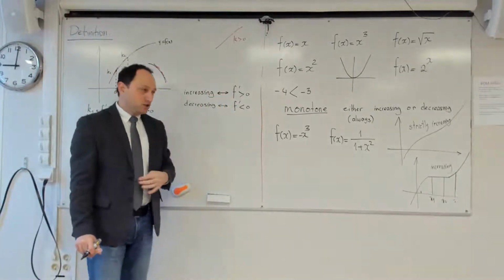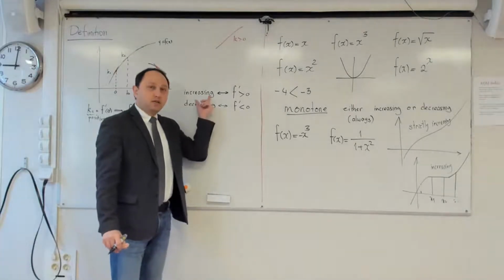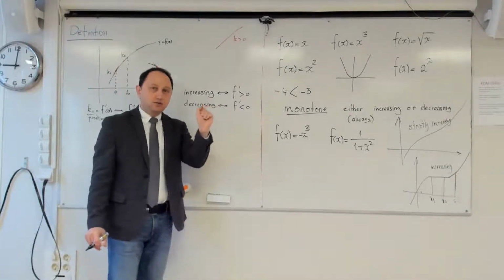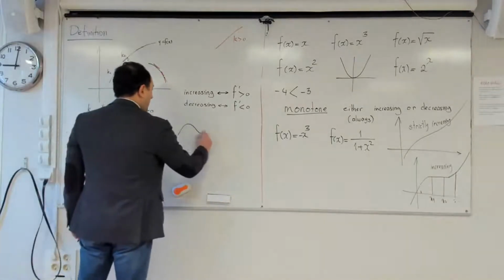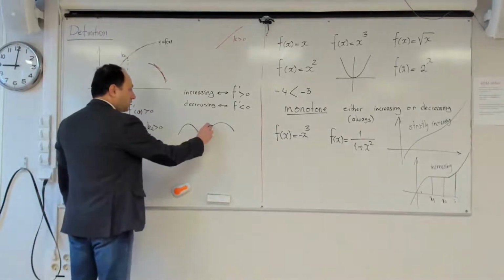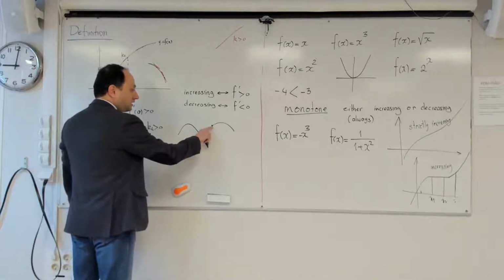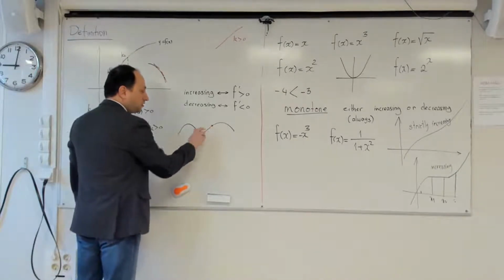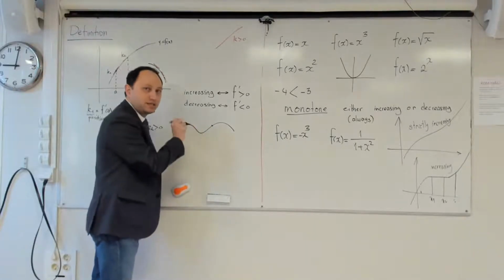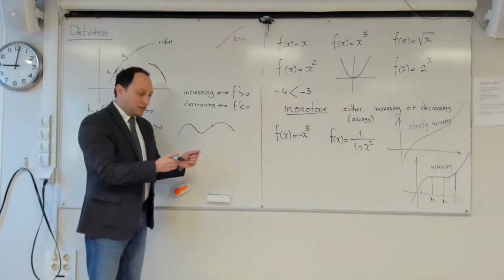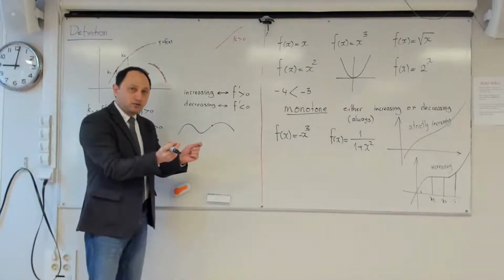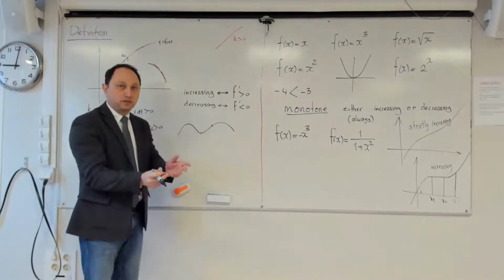And then let me make sure this property of increasing and decreasing is not related to one single point. If I give you a graph, I cannot ask you whether the function is increasing or decreasing at this one single point. This is meaningless, because increasing and decreasing means that I need to have two values, comparing them together to see which one is bigger and which one is smaller. So be careful.